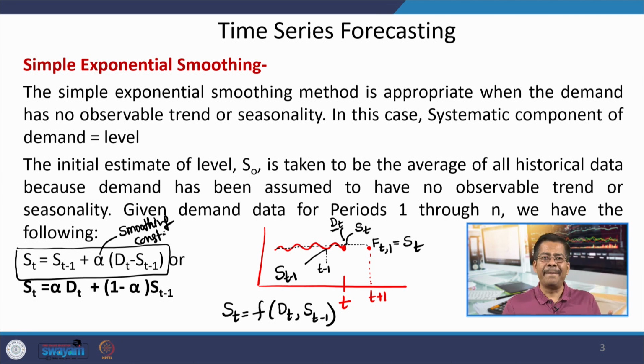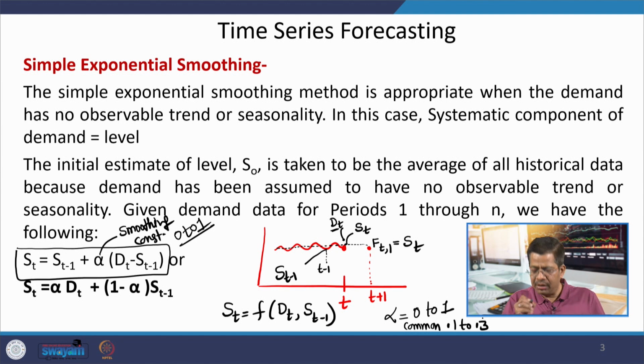The value of alpha varies from 0 to 1, though the common values which we generally use in practical purposes are 0.1 to 0.3.